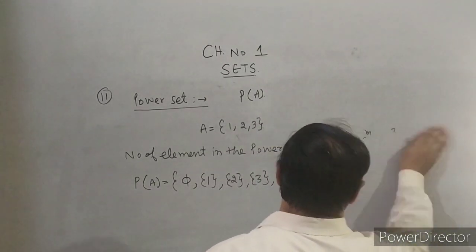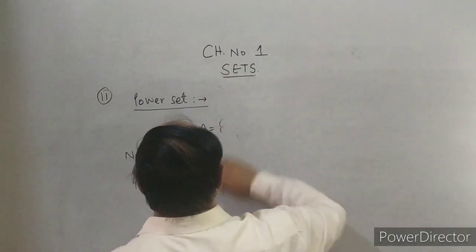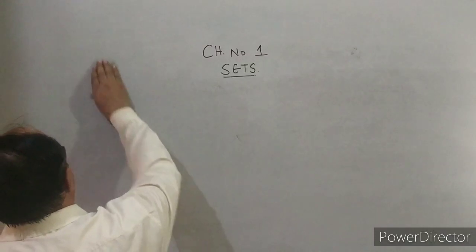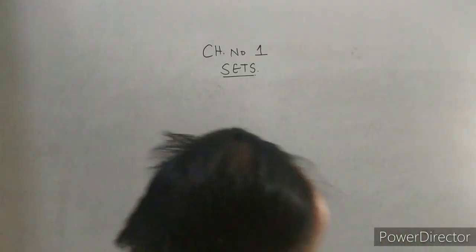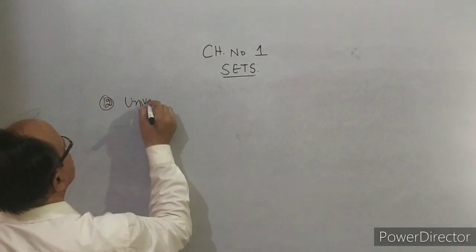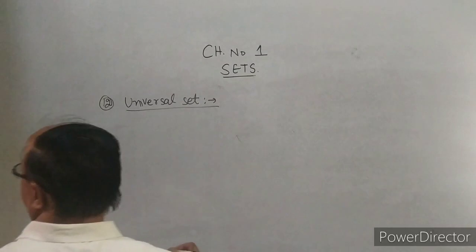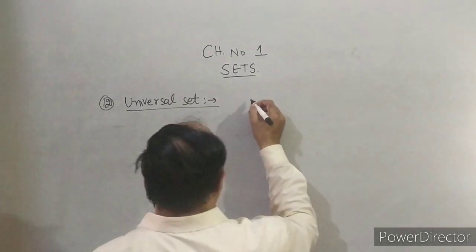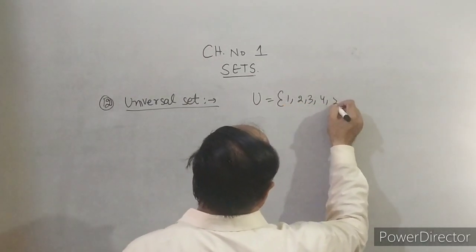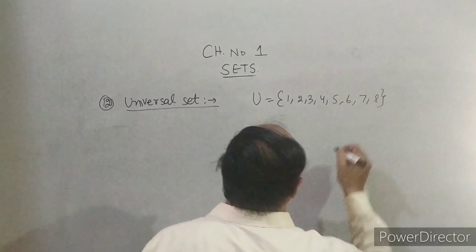Universal set. Universal set is represented by U. For example, 1, 2, 3, 4, 5, 6, 7, 8, right?